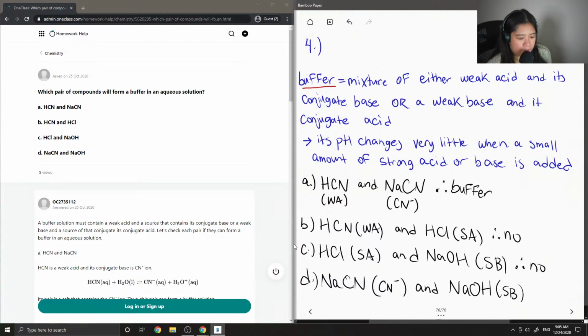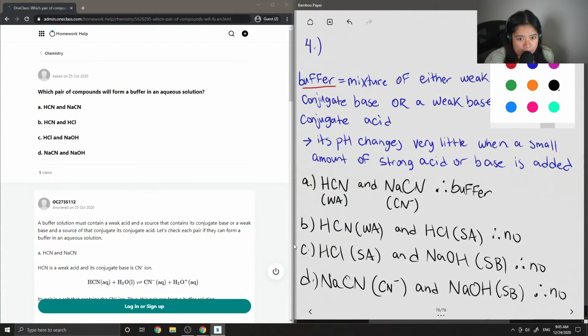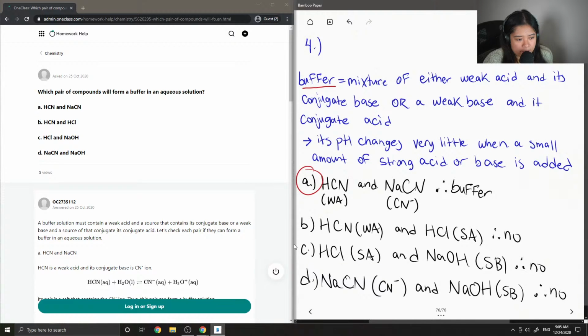So these are pretty much two bases, so this will also be no. So the answer is just A.